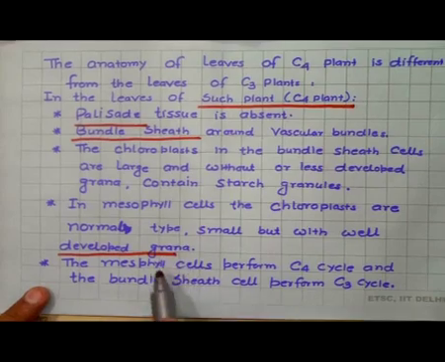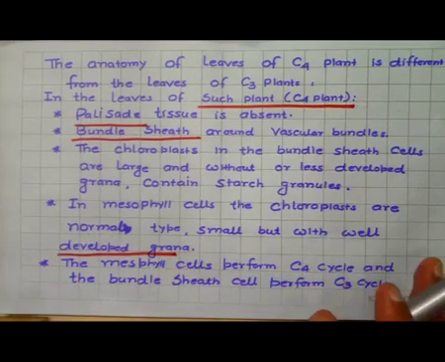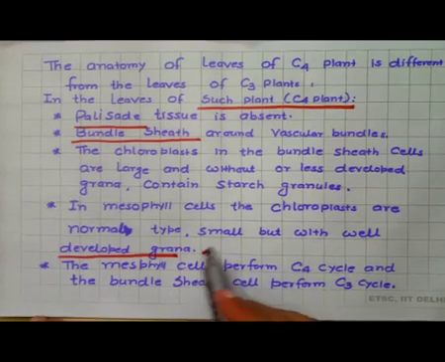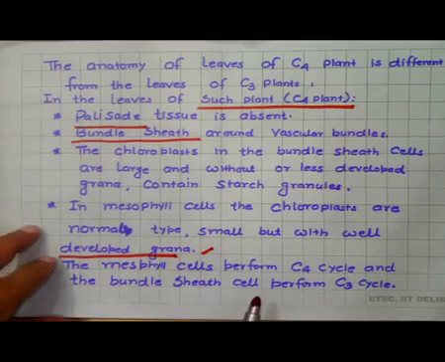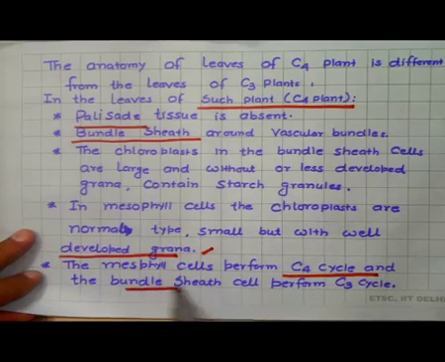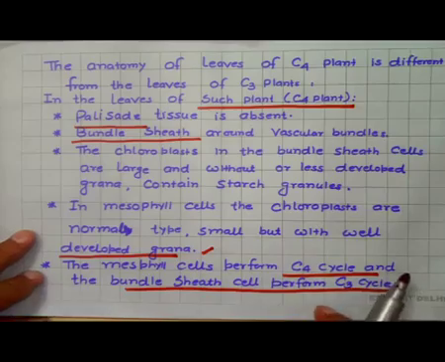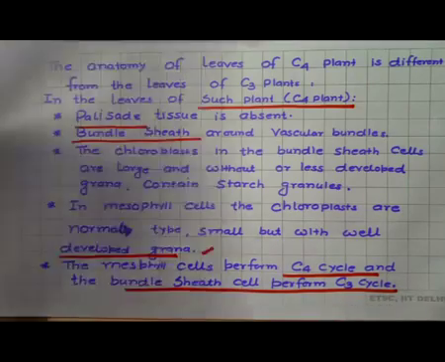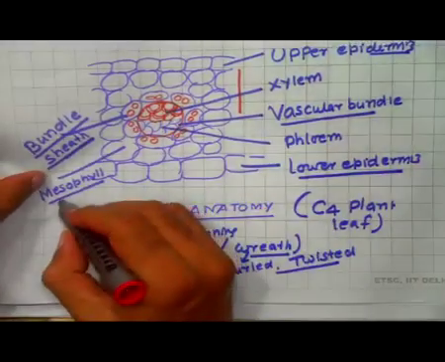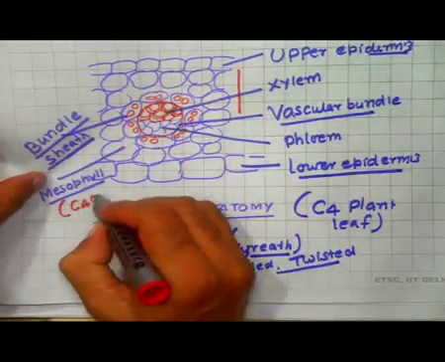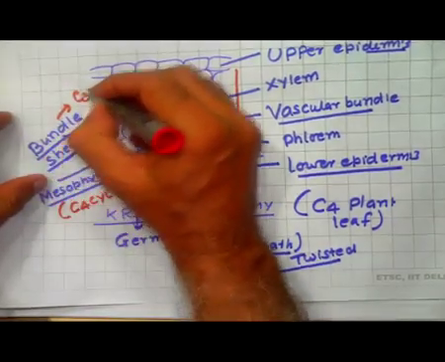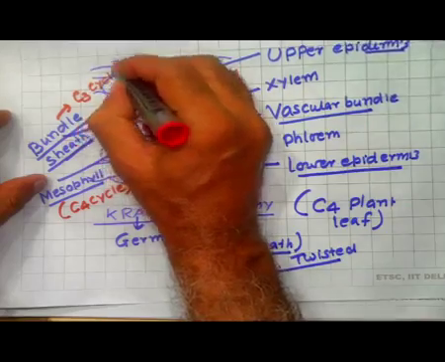Here the basic difference is that mesophyll cells have chloroplasts of normal type, small but with well developed grana. In mesophyll cell, C4 cycle is performed, and in bundle sheath C3 cycle is performed. So, in mesophyll cell mainly C4 cycle and in bundle sheath cell mainly C3 cycle is performed.